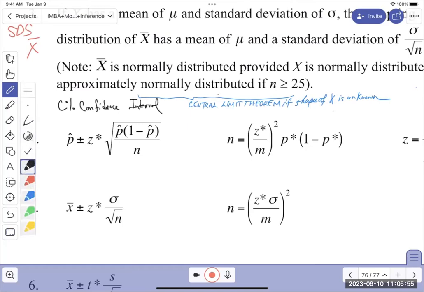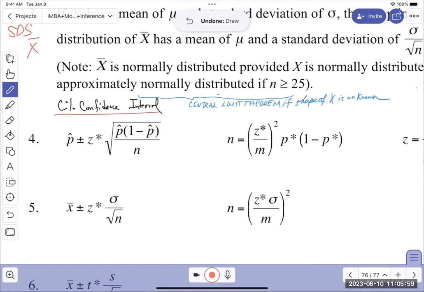This first column provides a formula for confidence interval. In general, we take the point estimate, which is our best guess, and it's an unbiased estimator. It means in repeated samples, on average, it will be the actual proportion.